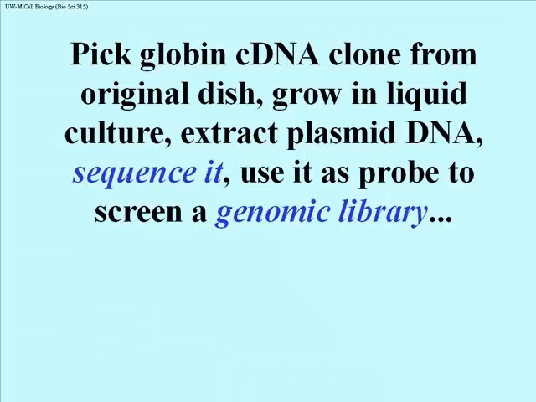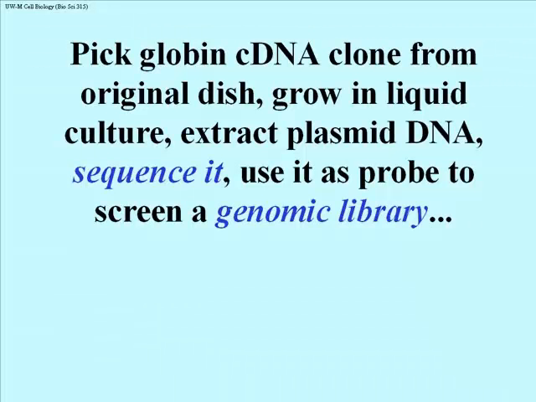Remember that a cDNA is just a portion of the gene that's been transcribed, whereas the entire gene will include lots of other information. If you pick a clone out of the genomic library, it will include things like the region of the promoter, which is not transcribed. It will include perhaps regions of DNA that regulate transcription of the gene.